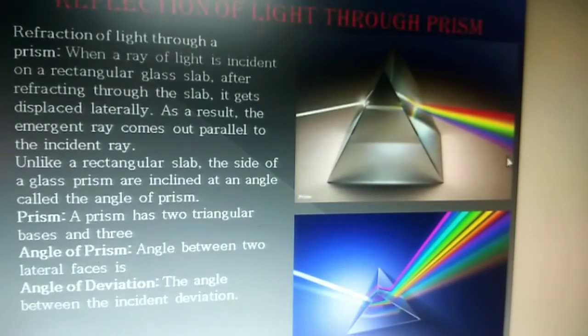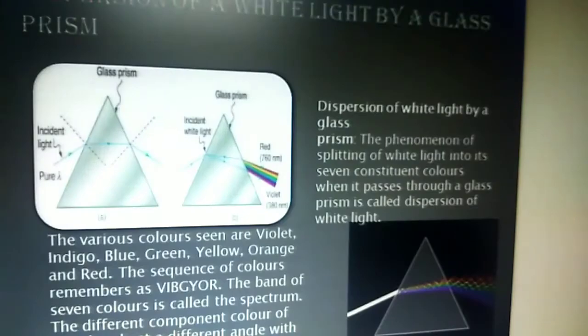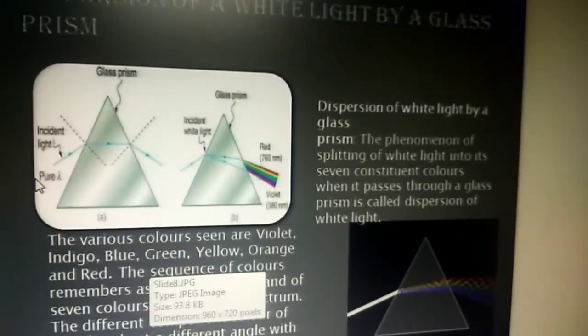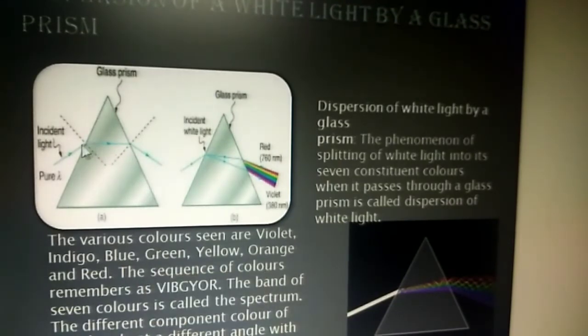This was proved by Sir Isaac Newton, that white color contains 7 colors. Now when you pass a monochromatic light, it is incident on this face and passes through the glass prism. This is the refracted ray. After refraction it comes out as an emergent ray.